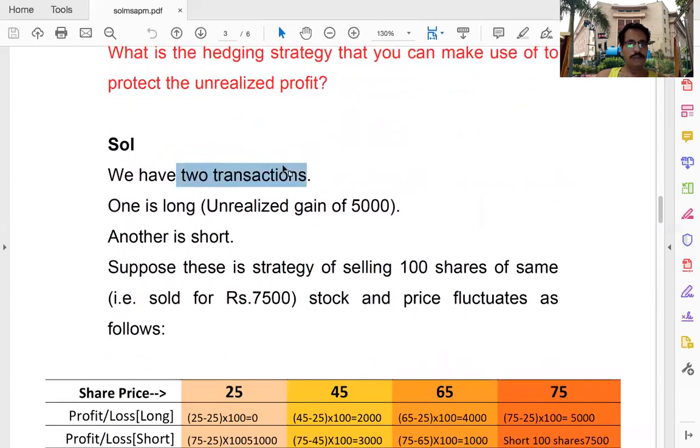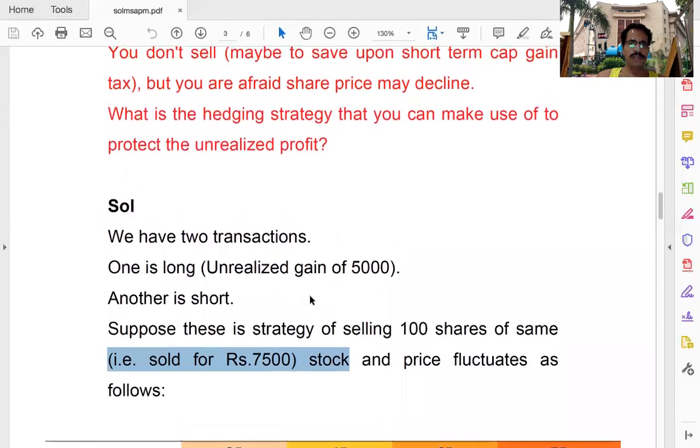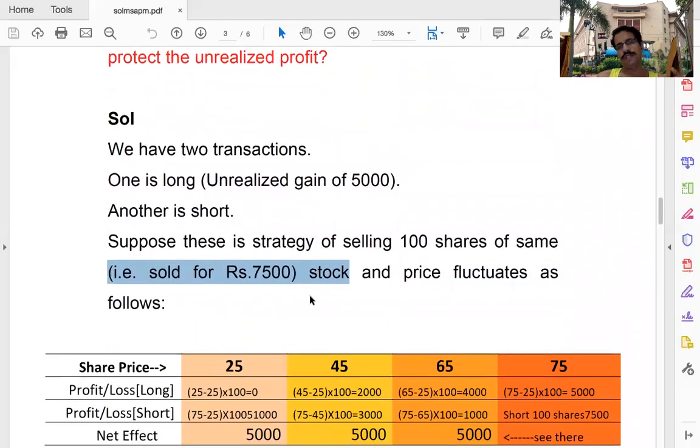So we have now two transactions. One is long, which means the unrealized gain of 5,000. Another is short. Suppose there is a strategy of selling 100 shares of the same stock, which are sold at 7,500 because the price has become 75 now.